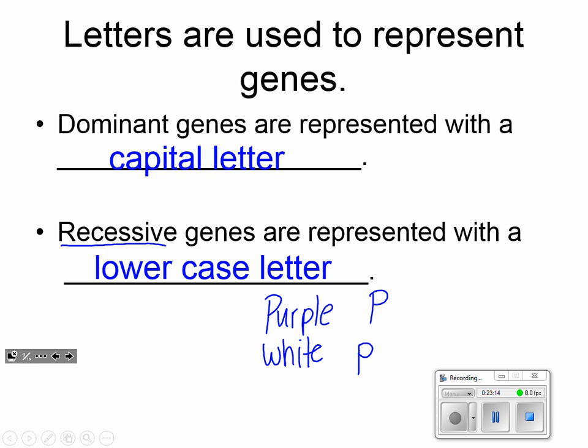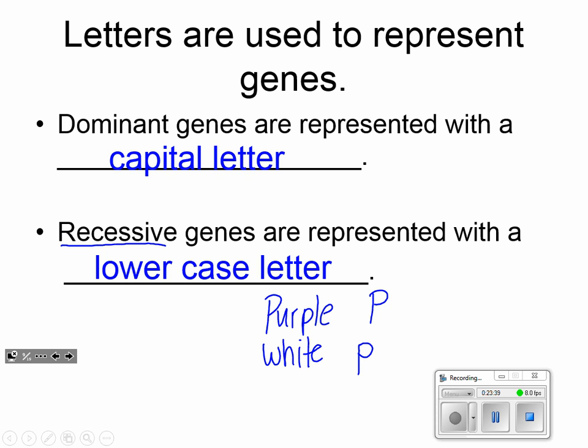Because we're talking about the same exact trait, flower color, we stick to the same exact letter, and we just use the letter of the dominant one. If they were both dominant, they'd both be uppercase, but it wouldn't be uppercase P, it would have to be uppercase W. Because this is recessive, it has to be lowercase p.